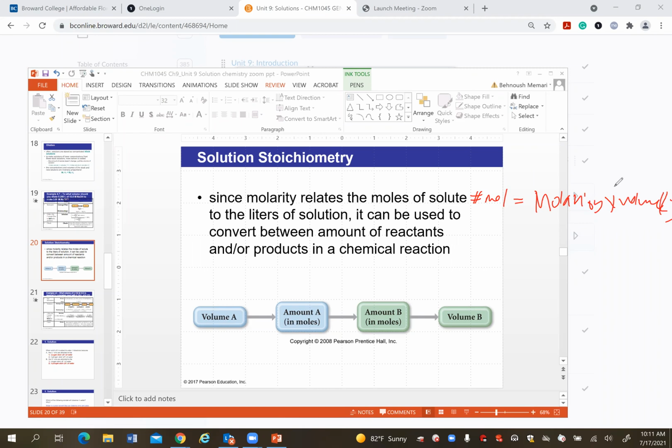So if you have the volume of the reactant and you have the molarity, you can get the moles of reactant. So you must have the molarity in order to convert the volume to moles. If you have the moles of reactant, you can find the moles of product, and then you could get the volume of the product.